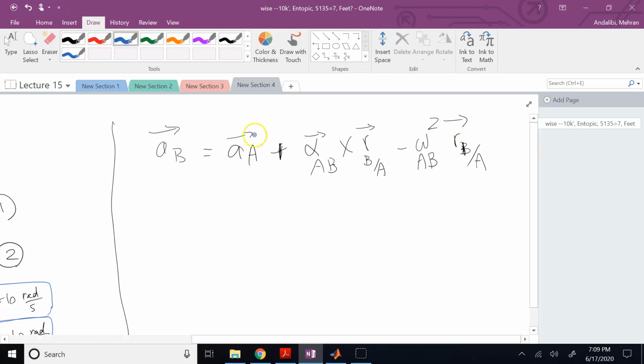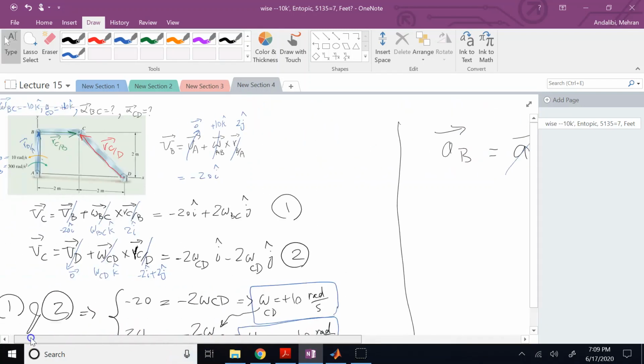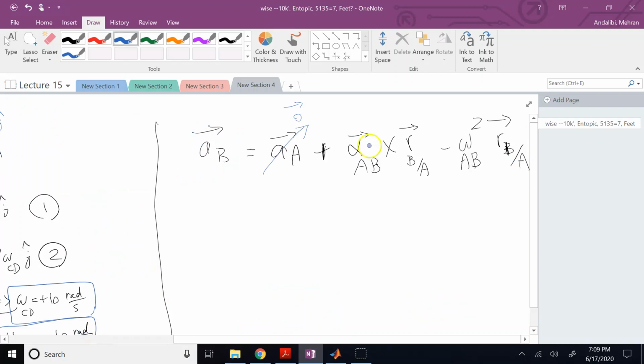And then we say A is a fixed point. It doesn't have acceleration. Alpha AB is clearly 300, but it is clockwise, so it is negative 300 K.